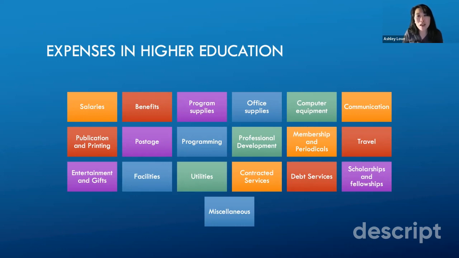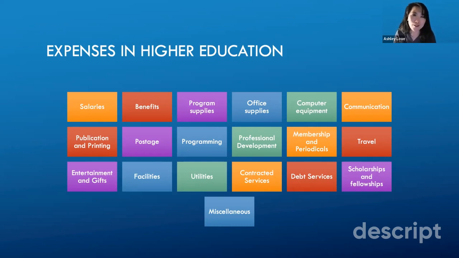Communication. Not only do we communicate via internet and phone, right? There's also mobile phones. I don't know if you remember beepers and all that stuff. If you have hospitals, you have to be on call for 24 hours and the beeper goes off. So now you have mobile phones and mobile services for people on call. Publications and printing. In academia, you actually have to pay to publish your work at many of the venues.